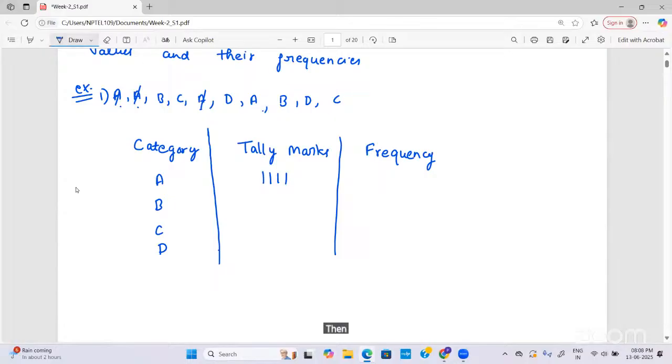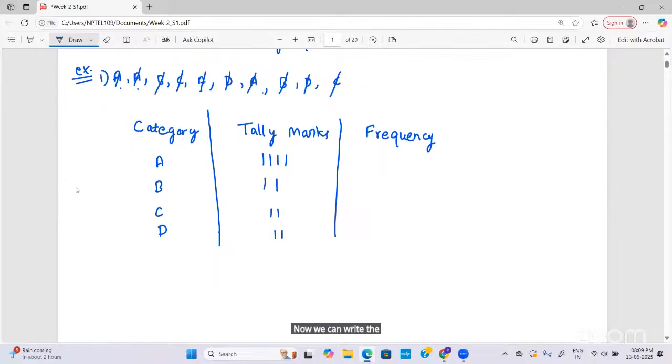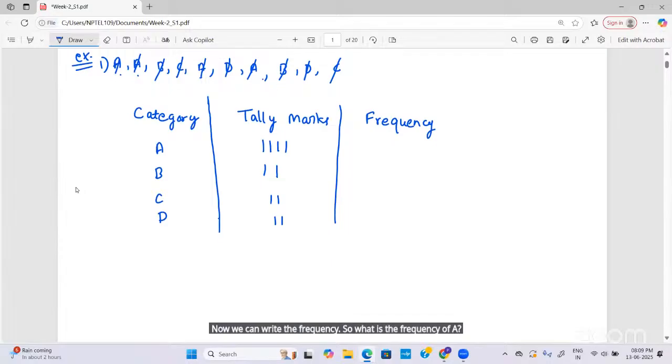Then we will count B. So 1, then 2. So 2 B are there. Then 1 and 2, 2 C are there. Then 1, 2, 2 D are there. Now we can write the frequency. What is the frequency of A? 4, right?